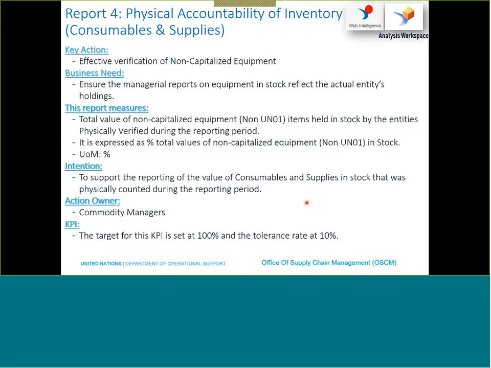Okay, so just as we saw for report 2, this is also reflecting the Web Intelligence report, business need, measure, intention, and KPI. And when we take a look at the AWS that combines both of them, we'll realize that in the prompt we can select between the consumables and supplies and the strategic reserves, or both. Okay, so it's always going to be a combination of the 2 reports.